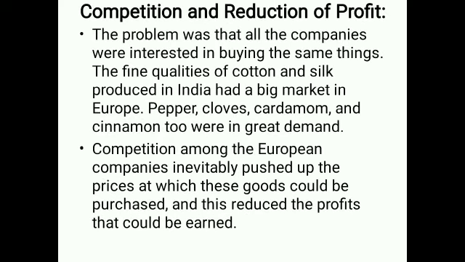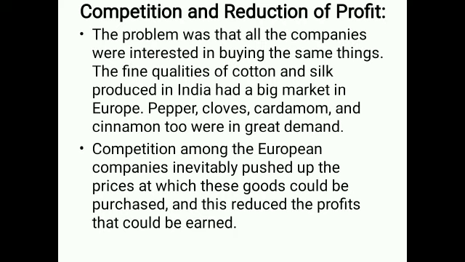Now, the competition and reduction of profit. The problem was that all the companies were interested in buying the same things. The fine qualities of cotton and silk produced in India had a big market in Europe. Pepper, cloves, cardamom, and cinnamon too were in great demand, and all these four companies were competing for these things, which had a huge market in Europe.